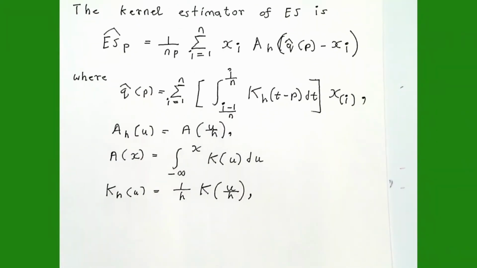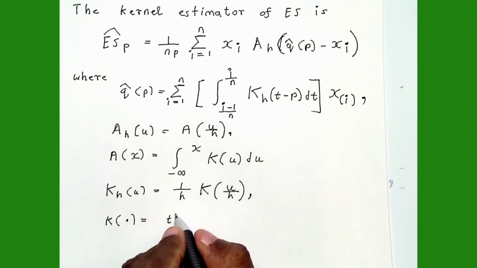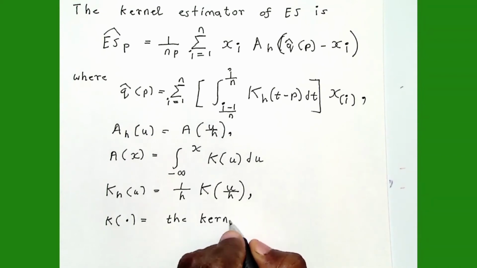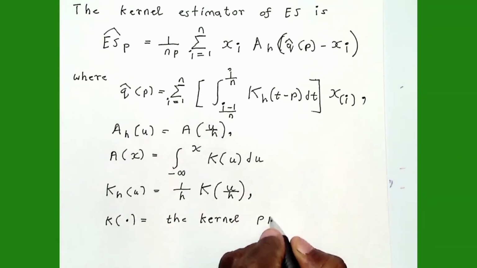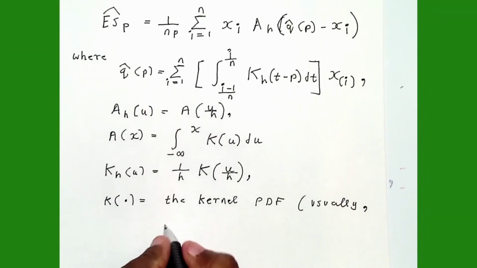and the function k is the kernel PDF, and it's usually, as I mentioned before, chosen as the PDF of the standard normal.